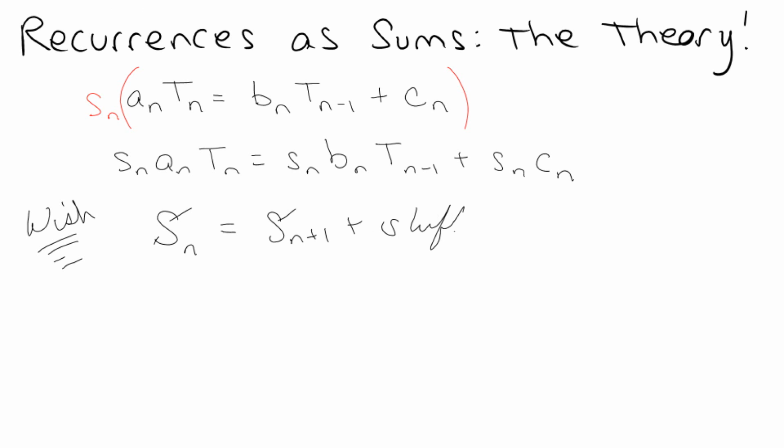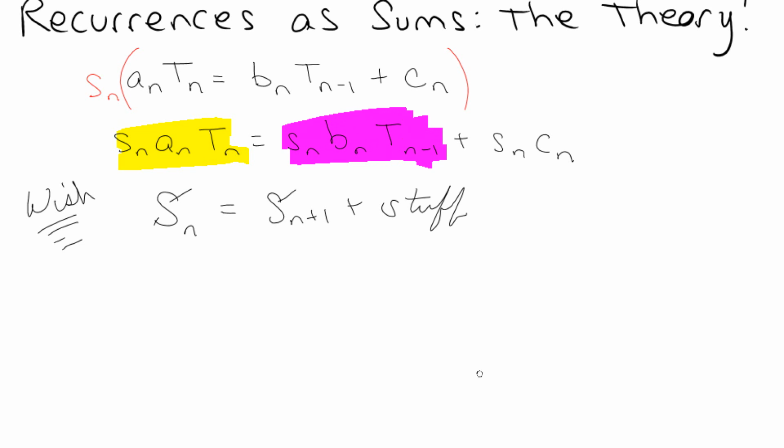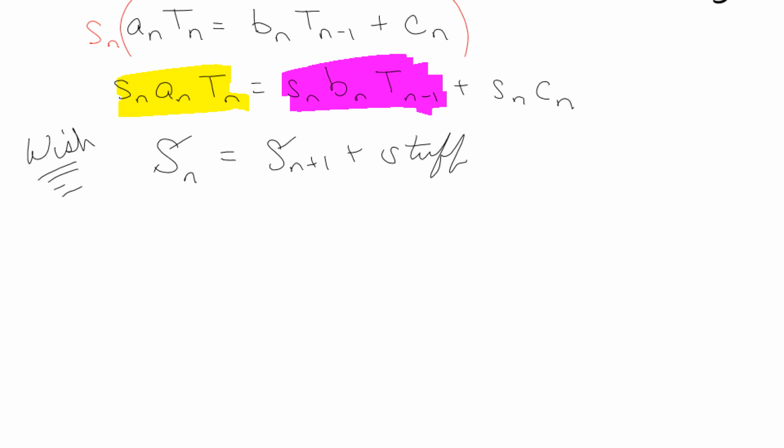I wish that somehow I could rewrite this and this as being related by some kind of n minus 1 term. It's basically the same thing except it's an n minus 1 term. So basically by that what I mean is we wish that Sn an was equal to Sn minus 1, A sub n minus 1, that's what I meant to say.